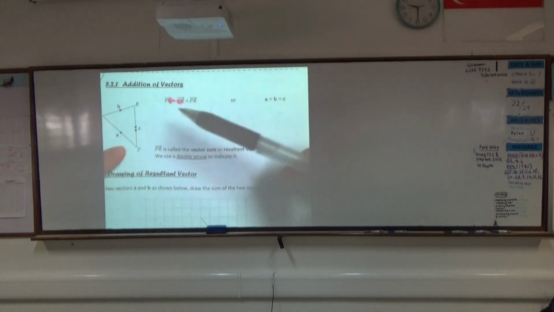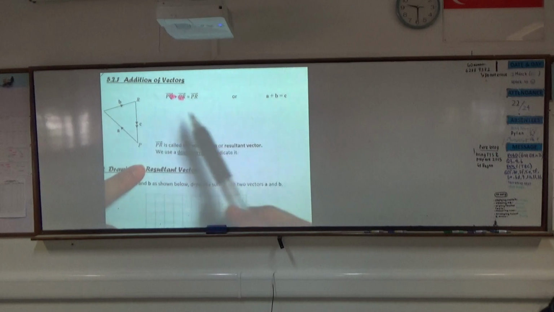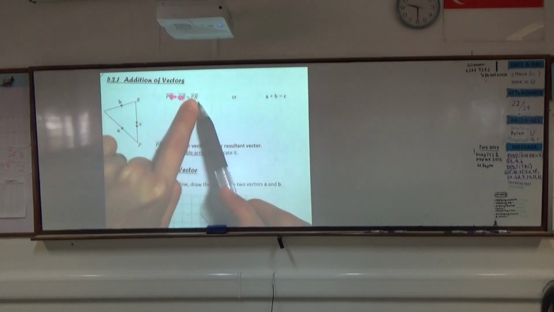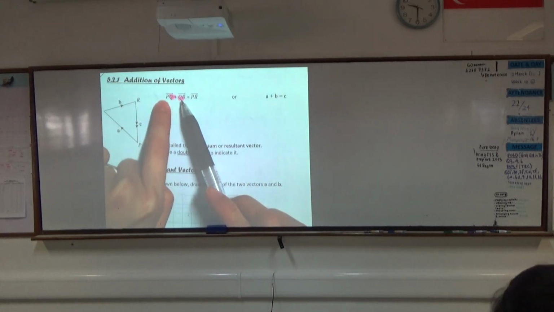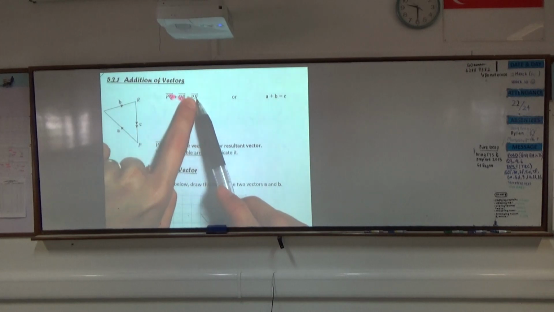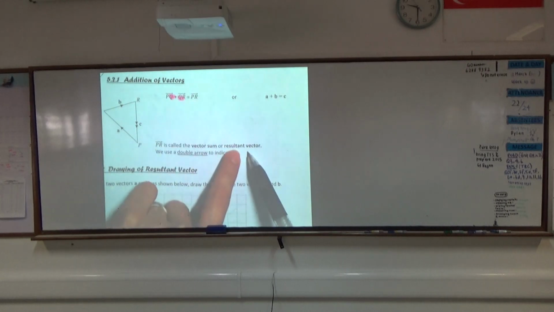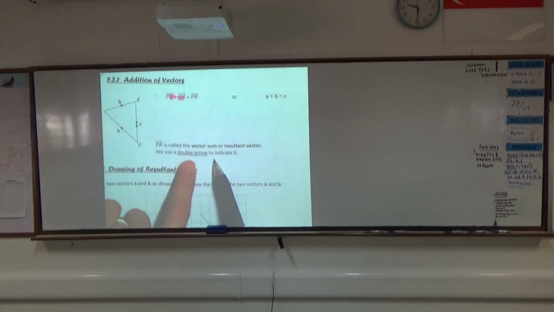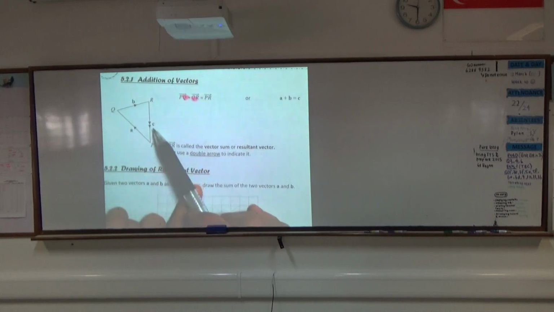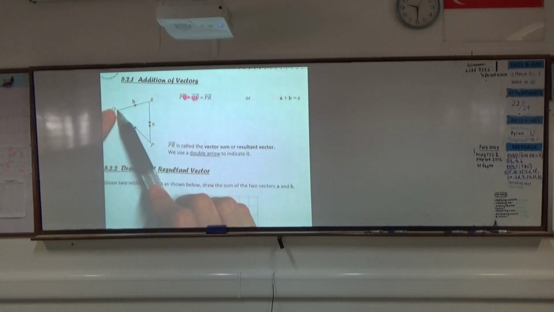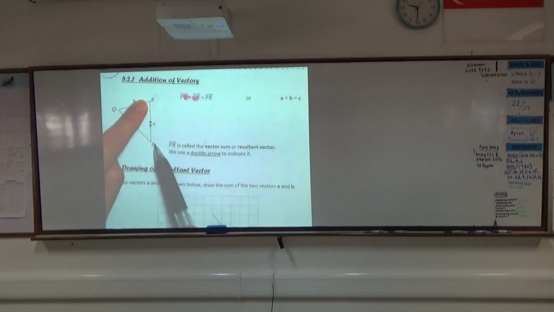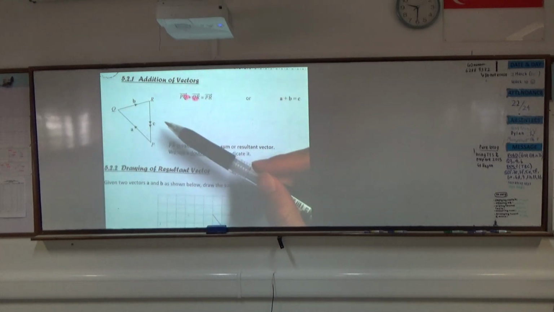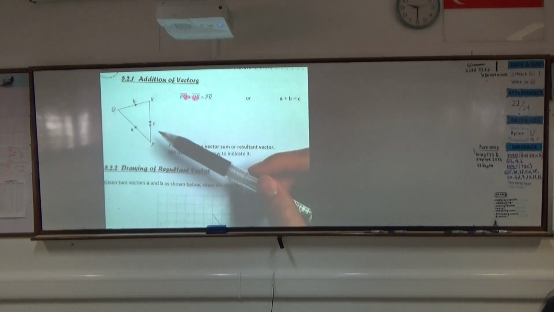Something to note about the resultant vector that comes out of two vectors adding to each other is that this PR is what we call a resultant vector. In drawing, we usually draw it with a double arrow to indicate that it is actually a result of PQ adding with QR, and then we get this resultant vector PR. Sorry, is there an error in my diagram?